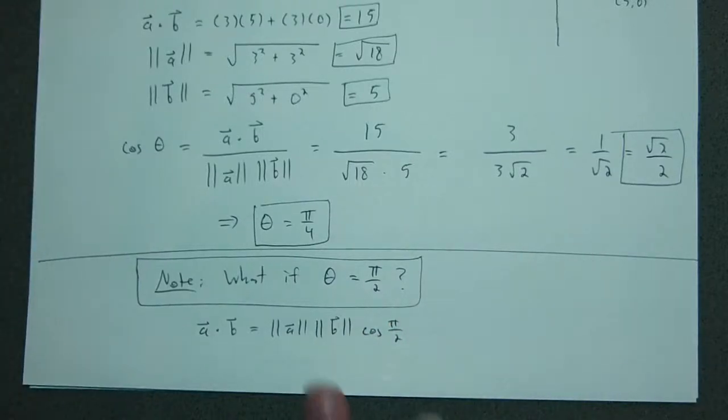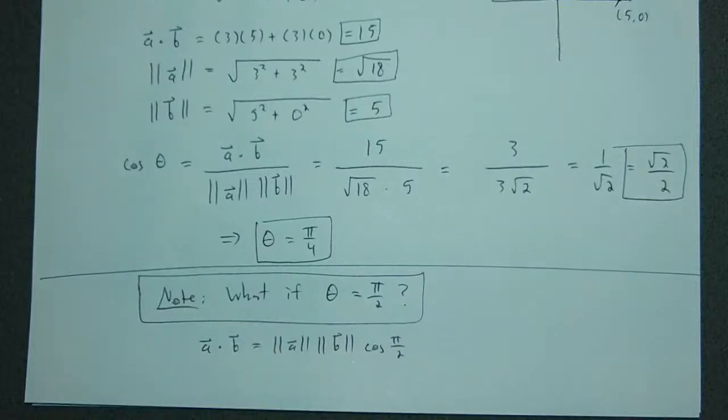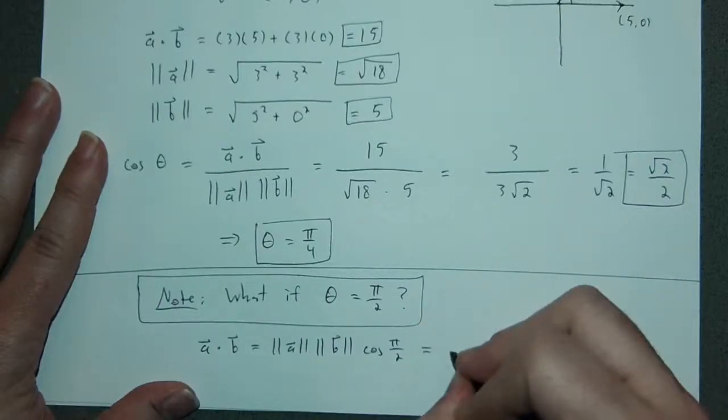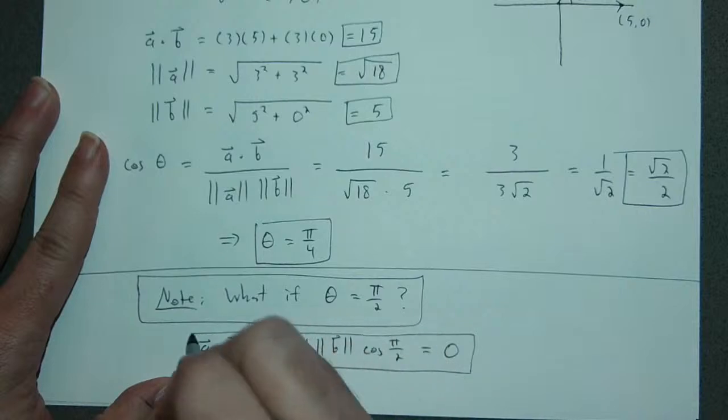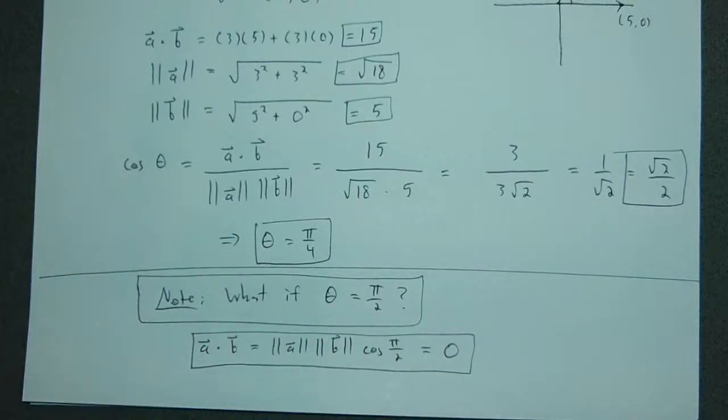What's cosine of pi over 2? That's 0. Cosine of 90 degrees, or pi over 2, is 0. And so A dot B is 0, even when the lengths of A and B are definitely not 0, because A and B are non-zero vectors here.